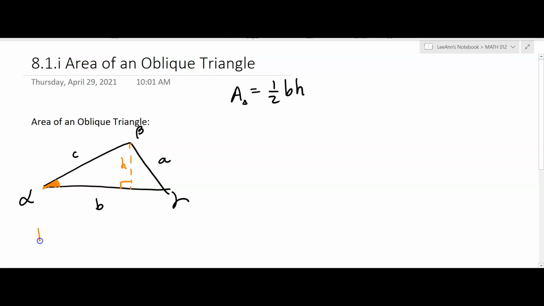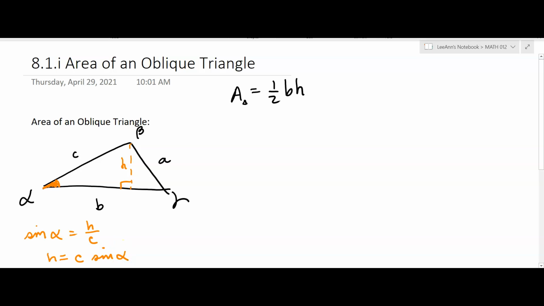Well, then H is going to equal, you know what, let me write out the trig for you. The sine of alpha would equal H over C, right? So H would equal C sine alpha.